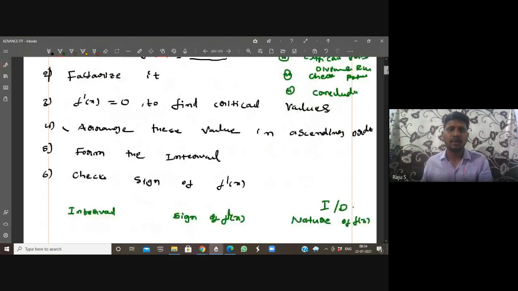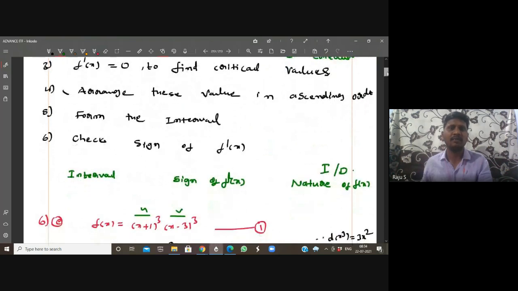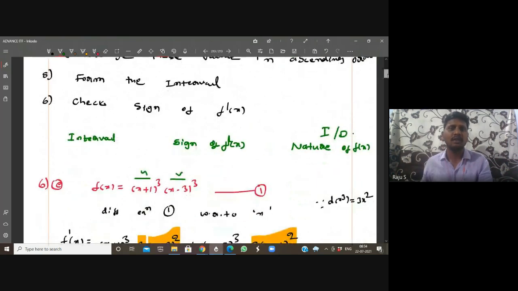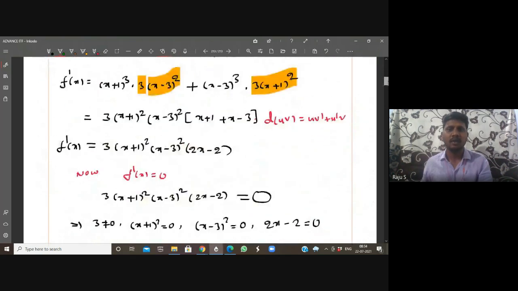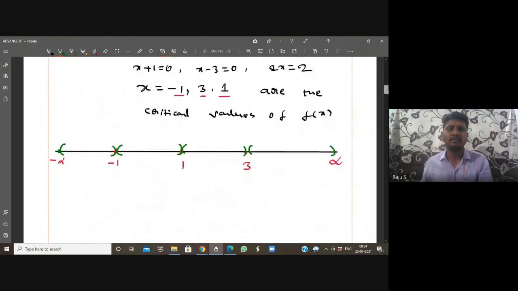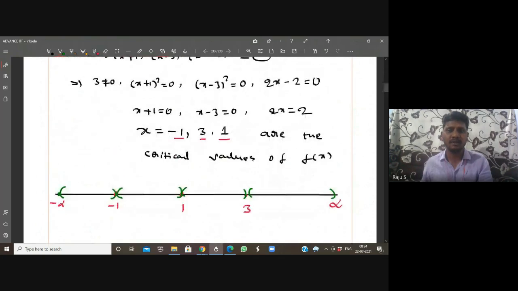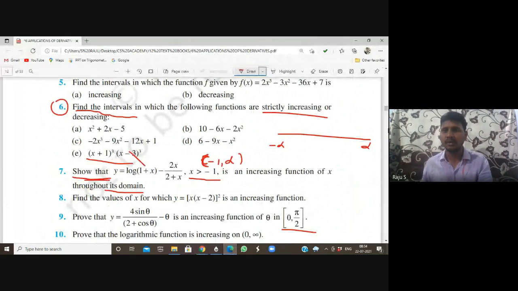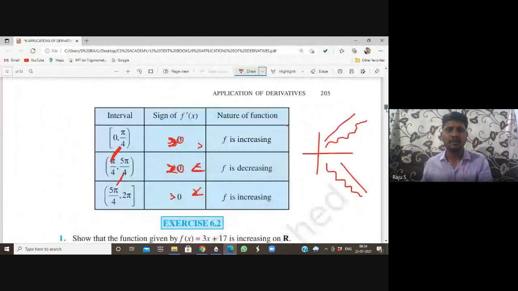Okay. So arrange the values in ascending order, form the intervals, then check the sign. Look at here. First we have to take the interval. Next, we have to check the sign of f dash of x, and the nature of the function.